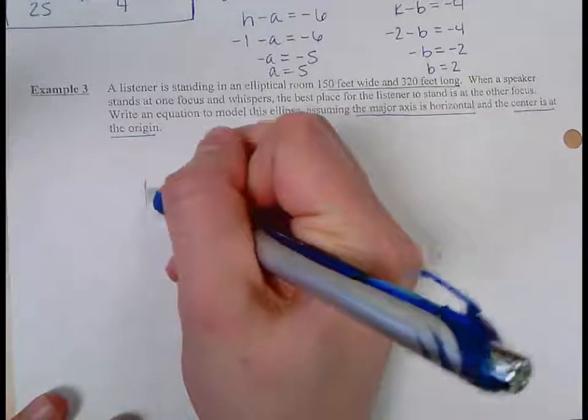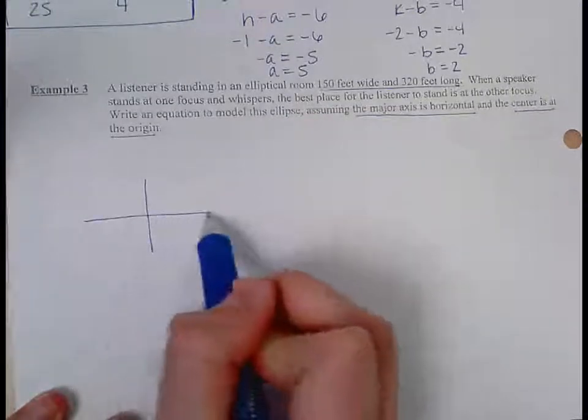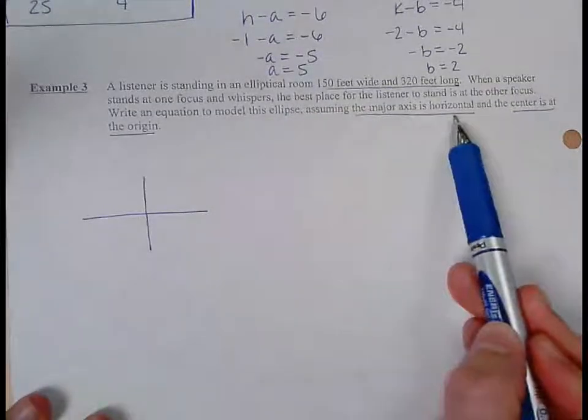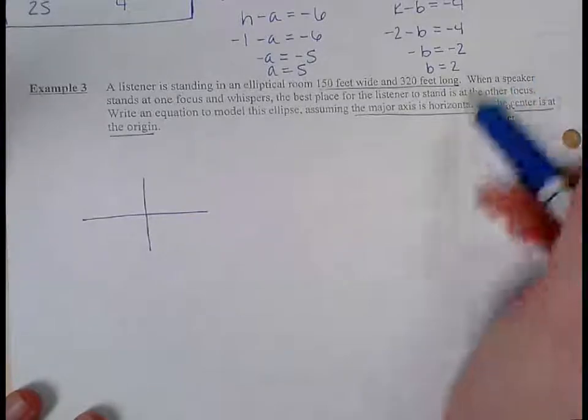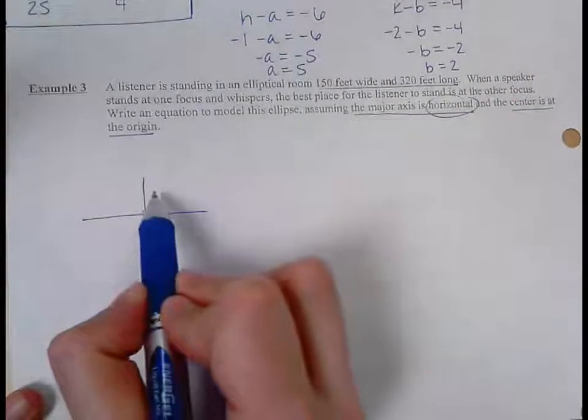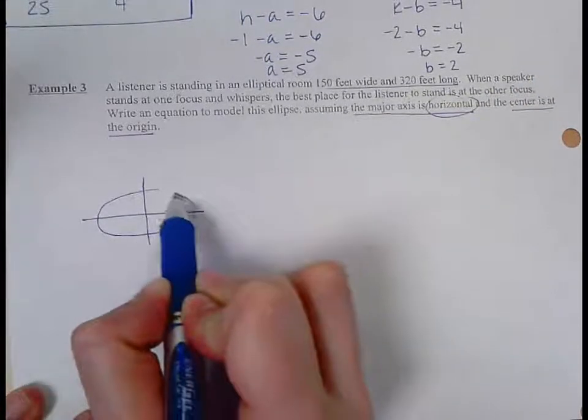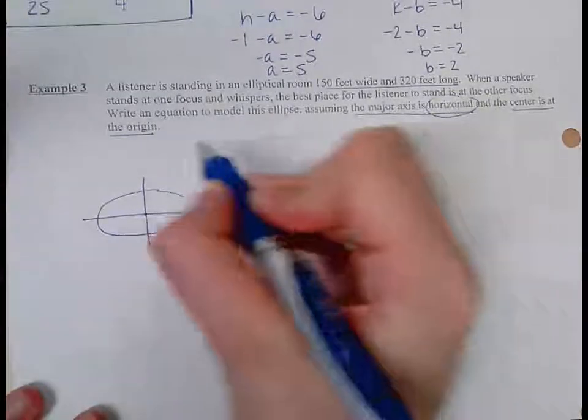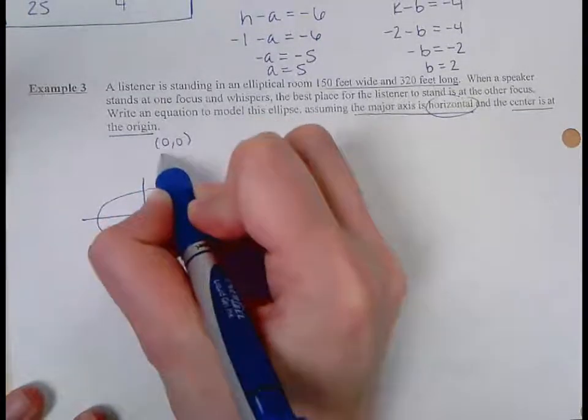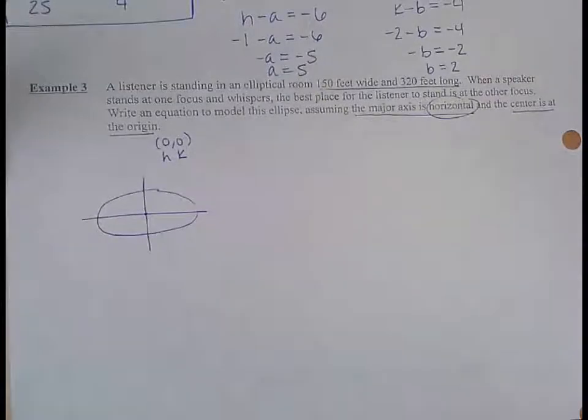Okay, so if I were to sketch this out, it's already telling us the major axis is horizontal, so I know my ellipse is horizontal, and it has a center at the origin. So I already know h, k, that's 0, 0.